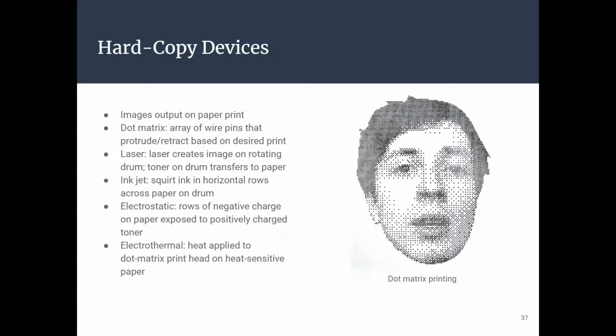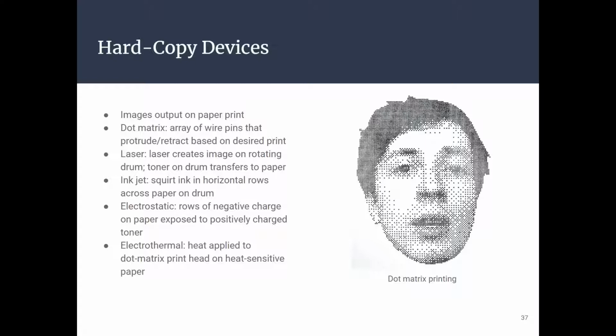With a laser printer, the laser creates an image on a rotating drum, and then the toner on the drum transfers to the paper. In an inkjet printer, the printer squirts ink in horizontal rows across the paper.